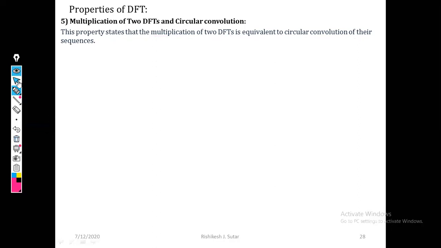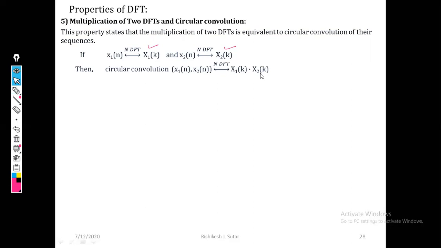Let us first write the statement. If x1 of n has its N-point DFT as x1 of k, and x2 of n has its N-point DFT as x2 of k, then the circular convolution of x1 of n and x2 of n will be equal to the multiplication of x1 of k and x2 of k.